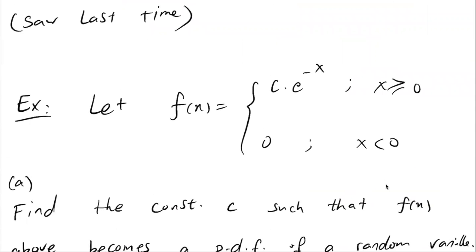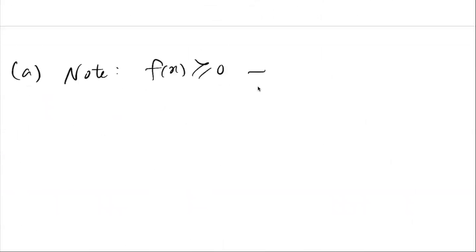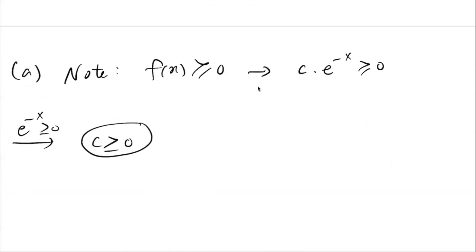Well, 0 is bigger than or equal to 0, which we have in the second piece of the function. And the first piece being bigger than or equal to 0 implies that c has to be bigger than or equal to 0, because the exponential part is bigger than or equal to 0 anyway. So c times e to the power minus x has to be bigger than or equal to 0, and that means c has to be bigger than or equal to 0.